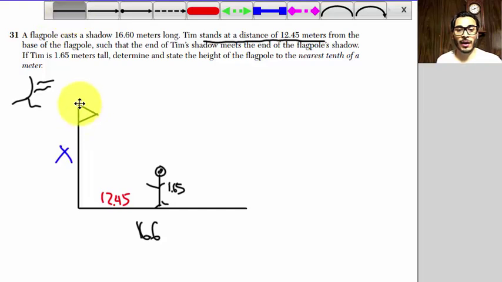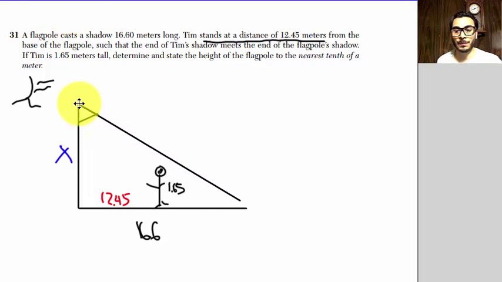So I'm just going to go ahead and connect this over here. You could see that what we got going here is two similar triangles, right? We got one triangle here, and then another triangle here, which is like the whole thing.